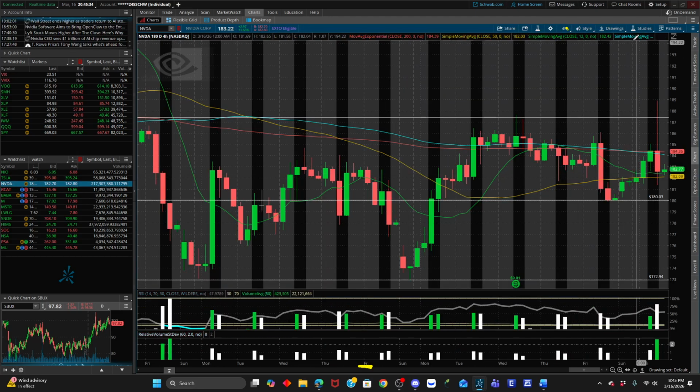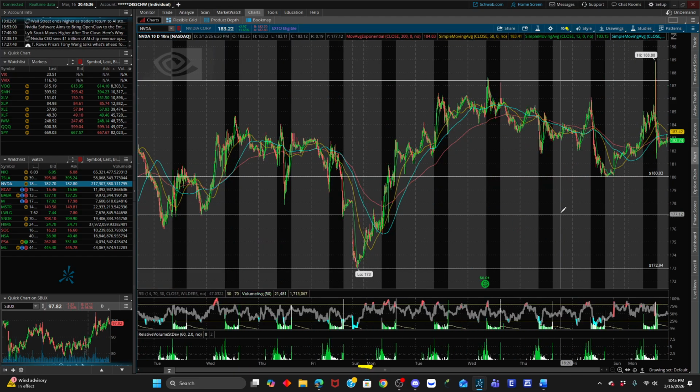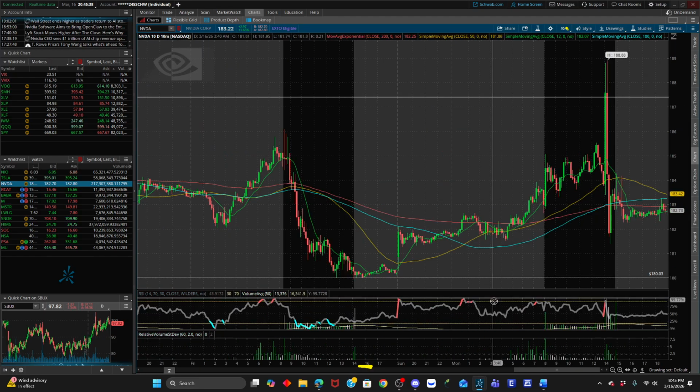NVIDIA today, we held up pretty good. We held Friday's low. We held Friday's low. We moved higher, right? Nice move and a break of last week's high, but we could not hold that level, and we came right back down to where we started in the pre-market, basically.